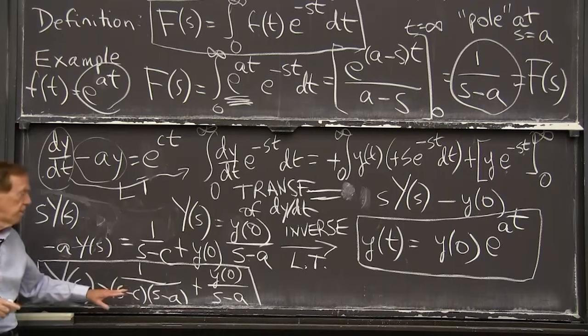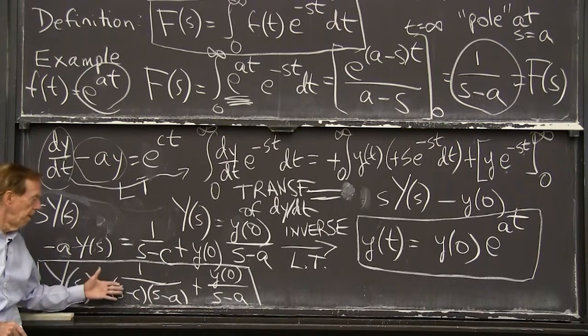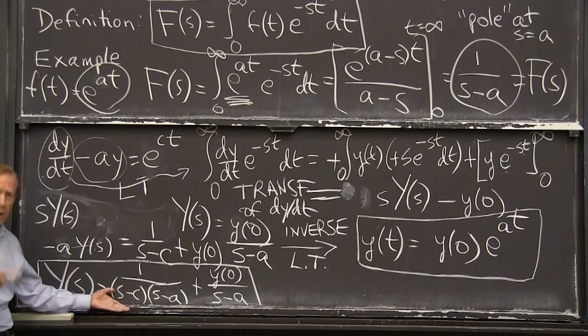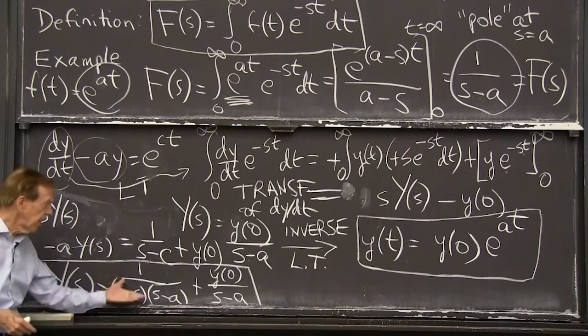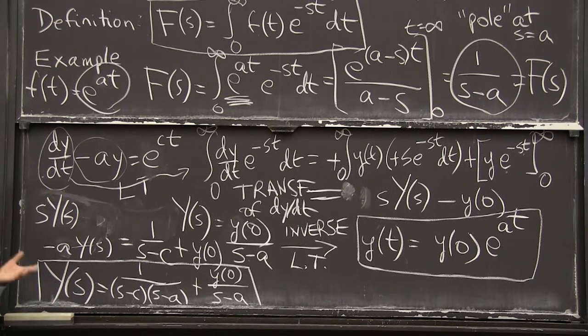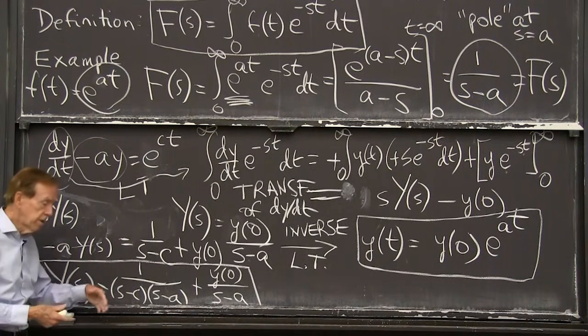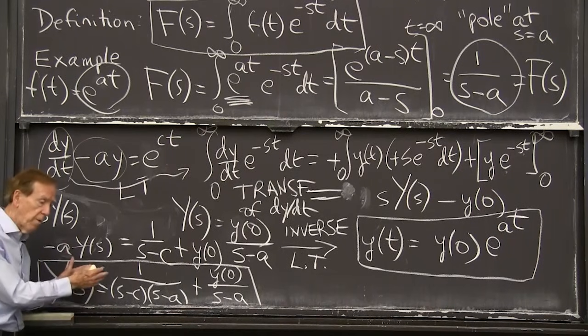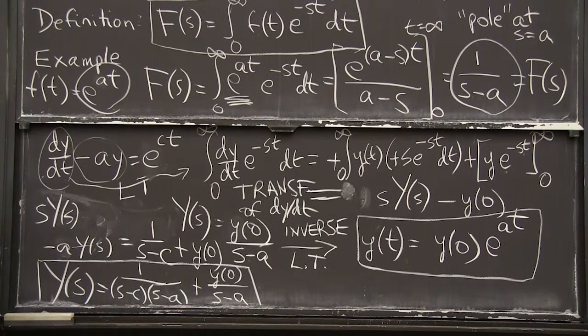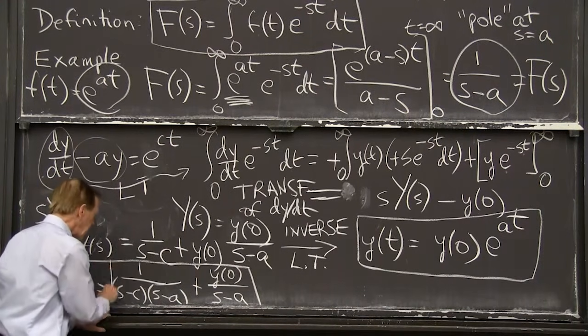We have to be able to invert, figure out what function has that transform. The function will involve a and c and t, the time, and s, the transform variable, will become t, the time variable. So that's the big question. What do I do with this?